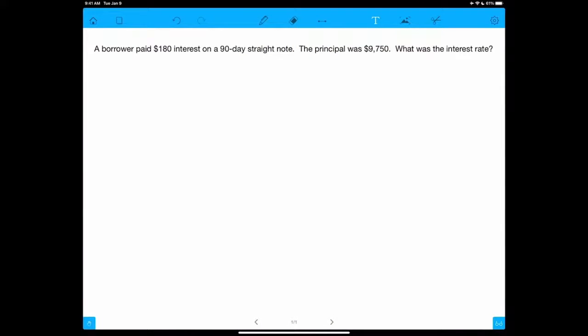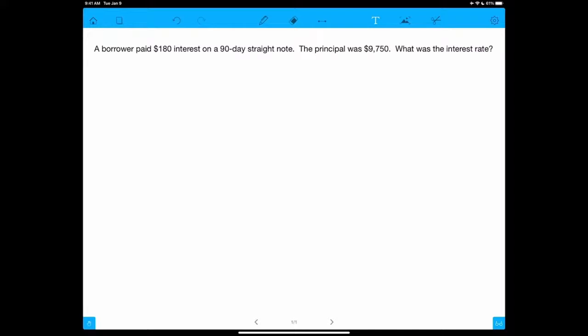Now, anytime we're working math problems and we're trying to figure an interest amount, we have to convert everything to annual figures. That's why I had to multiply times 4, because the problem tells us that the borrower paid $180 interest on a 90-day straight note.